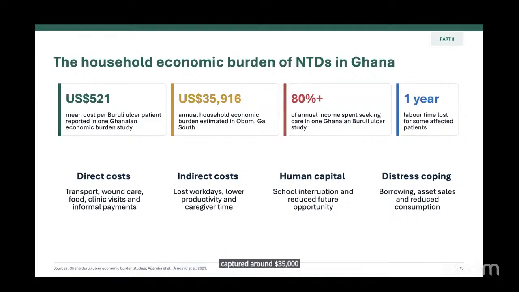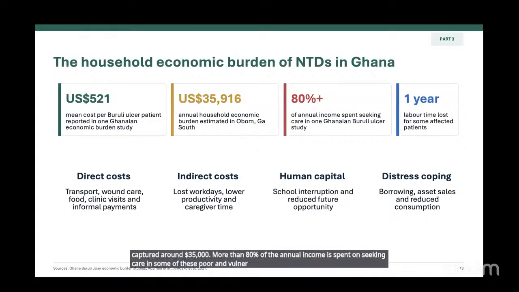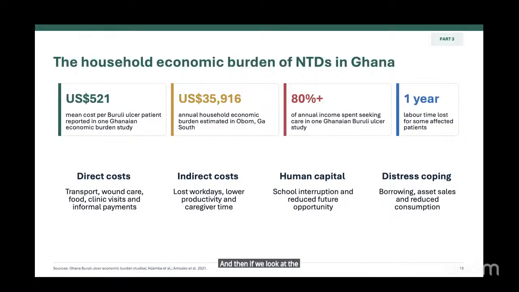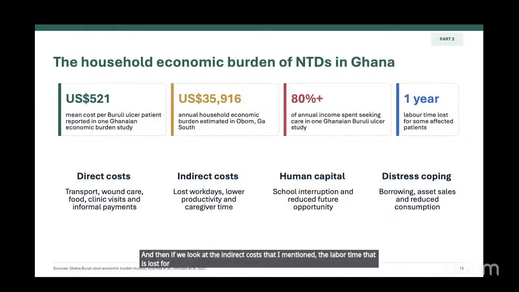More than 80% of the annual income is spent on seeking care in some of these poor and vulnerable households. That's a major issue if we talk about universal health coverage. And then if you look at the indirect cost that I mentioned, the labor time that is lost for affected patients accumulates to about 1 year on average.